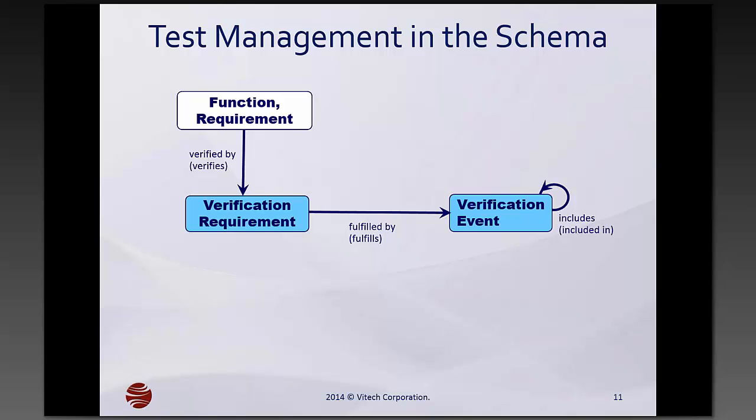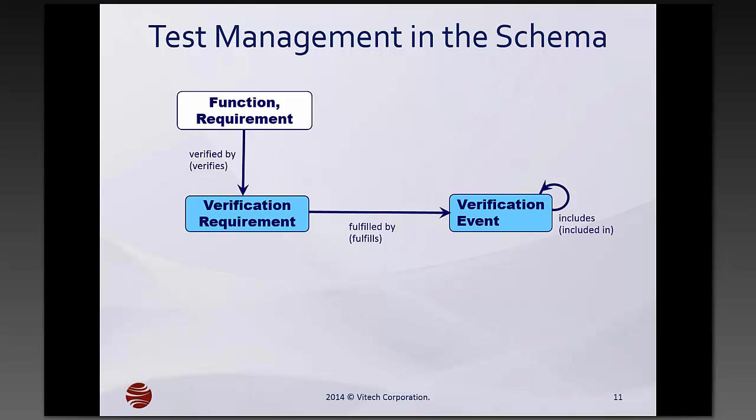And when I say verification event here, I mean things like laboratory integration test, a limited users test event, maybe a subsystem demonstration event, etc. So these are the types of events. A verification event is going to fulfill a number of verification requirements, which in turn will trace back to a number of functions and requirements.